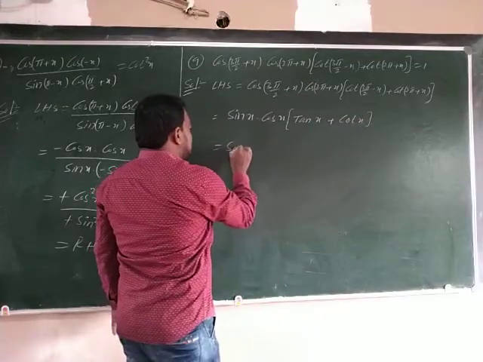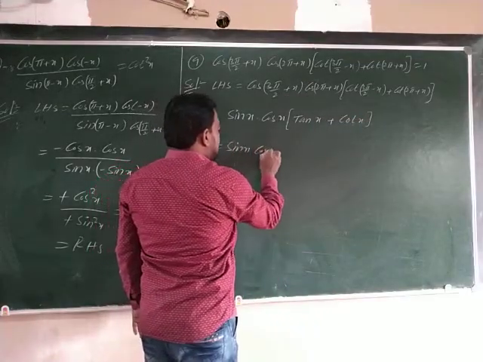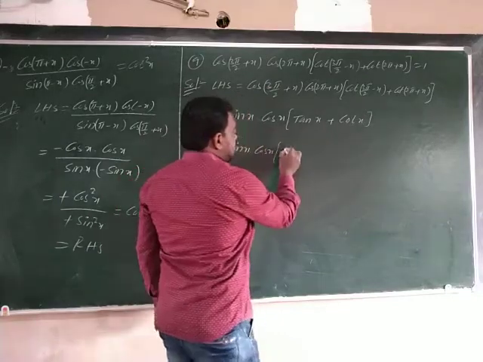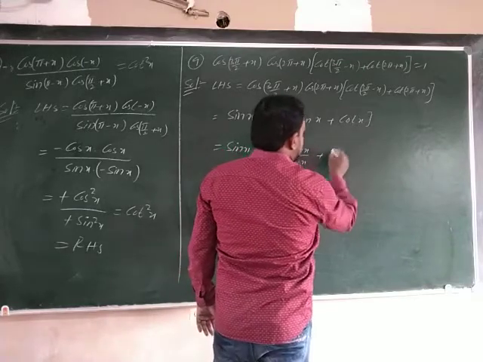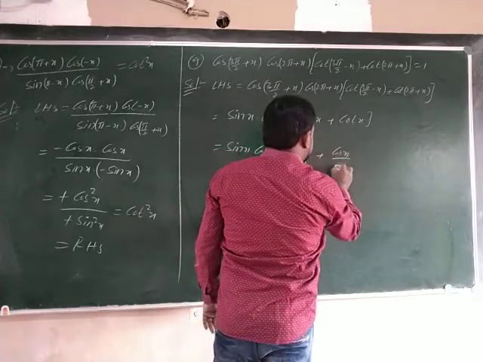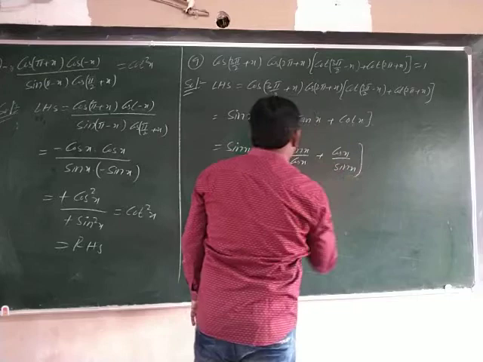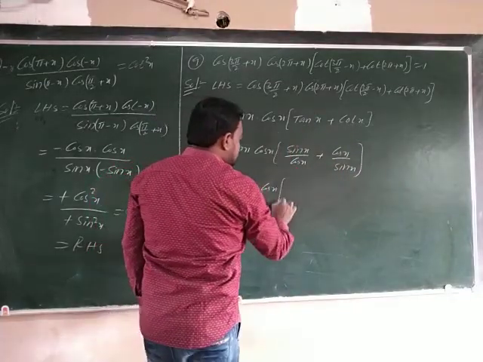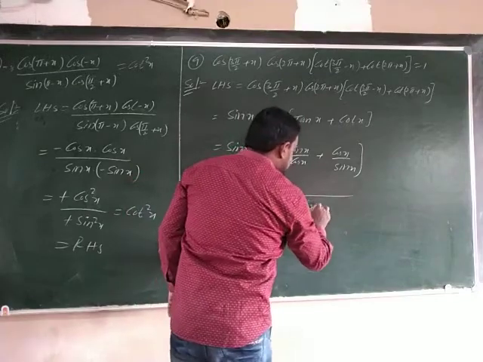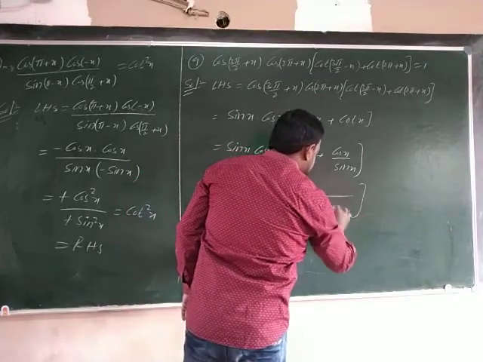Now sin x into cos x. Tan x is equal to sin x by cos x plus cot x is equal to cos x by sin x. Right? This is equal to sin x into cos x. What is the LCM? Cos x into sin x is the LCM.